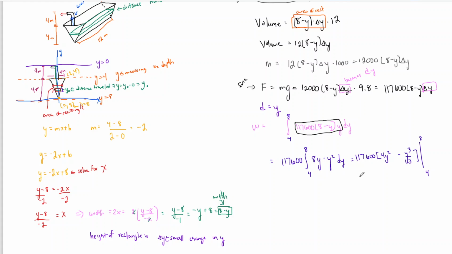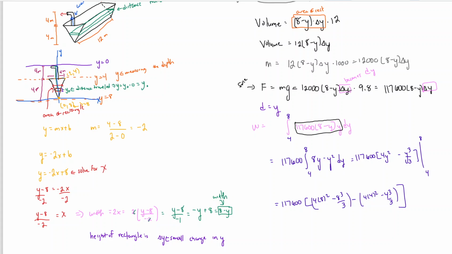Unfortunately, it's not 0 and 1 like it very often is, so we have to plug in both of these. We have 4 times 8 squared minus 8 cubed over 3, minus, and then plug in 4. You have 4 times 4 squared minus 4 cubed over 3.